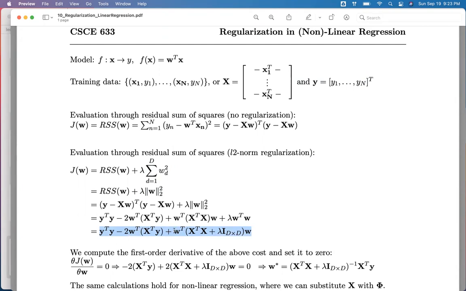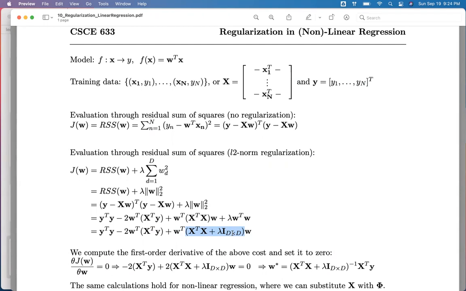Mainly, the only thing that changes is that this W transpose W is being multiplied by this parenthesis here. And in this parenthesis, instead of only having the data matrix, we also have the regularization term lambda multiplied by a D by D identity matrix.